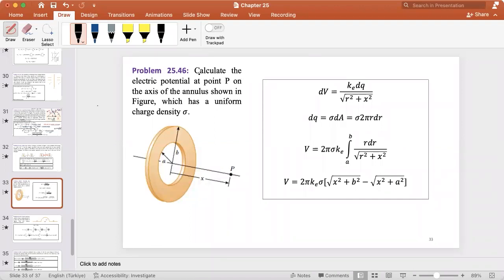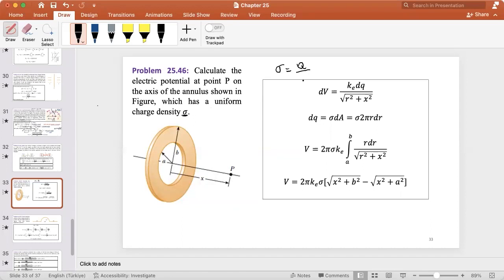Okay, look at this question. Calculate the electrical potential at point P on the axis of the annulus shown in the figure, which has a uniform charge density sigma. How can I write sigma? Instead of sigma, for total charge, I can write Q over. It says charge density.